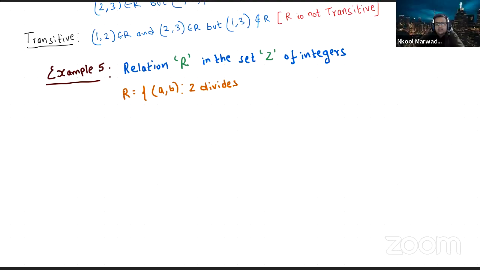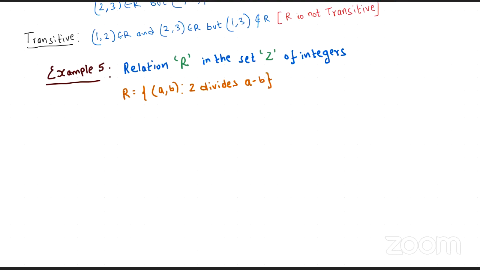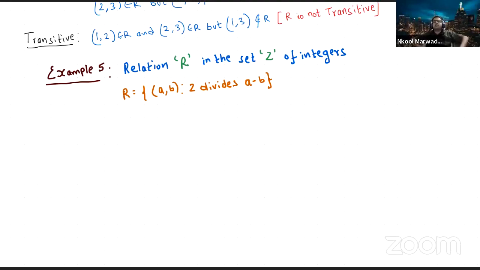So the idea is that the set of integers is a very big set. It contains infinite numbers, from minus infinity to plus infinity. Now R will contain only those ordered pairs whose difference is an even number. 2 divides A minus B means A minus B should be divisible by 2.